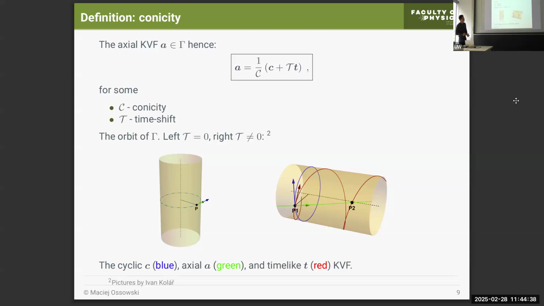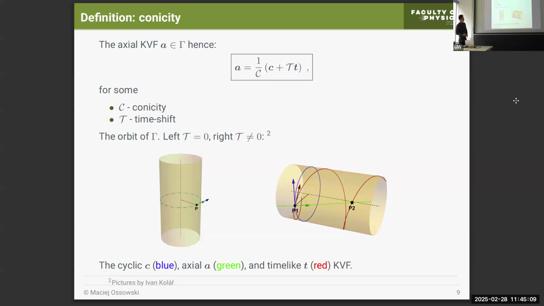One possibility is to take as the circumference the length of this orbit between points P1 and P2, which are defined by two successive intersections with the orbit of the time-like Killing vector field T, which of course happens only if the time shift is non-zero.